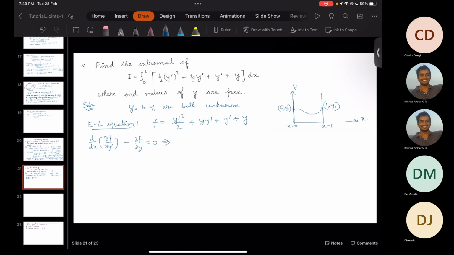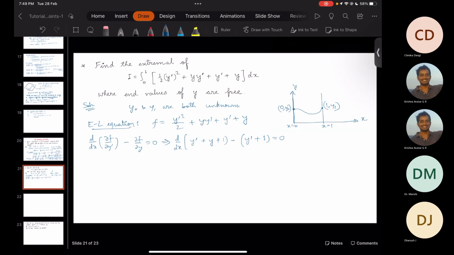Then this implies d/dx of ∂f/∂y', which is y' plus y, isn't it, plus y' and plus 1 as well, minus ∂f/∂y, which is y' plus 1, is equal to 0.